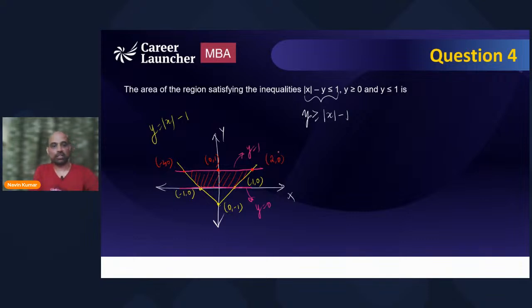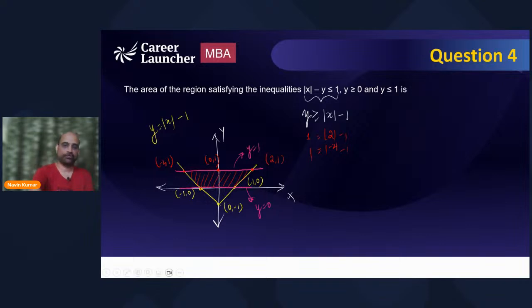Sorry, 2, comma 1 and minus 2, comma 1. Height is 1, because it passes through y equal to 1. So x is going to be 2 or minus 2. Okay, so this is nothing but a trapezium.